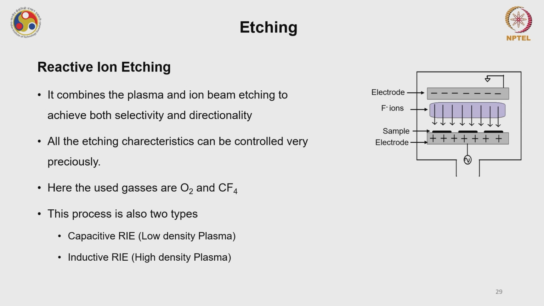Among these you have reactive ion etching, which is a very popular method in the fabrication of microsensors and nanosensors. It combines the plasma and ion beam etching to achieve both selectivity and directionality. All the etching characteristics can be controlled very precisely here.